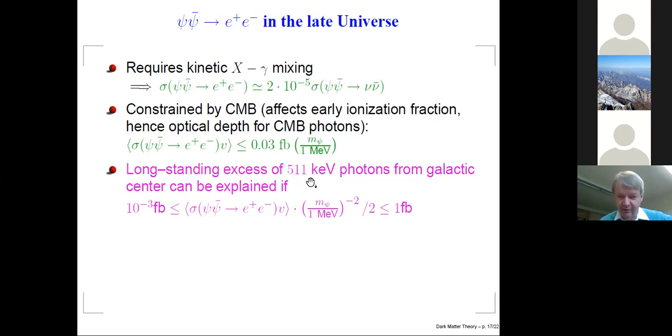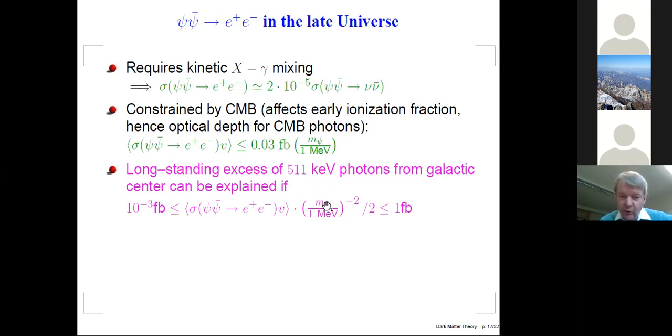Okay, that's what these 511 keV photons obviously are from: annihilation of positronium, more or less at rest. Okay, and in that case, for that source, it is really only the number of positrons that matters. Therefore, you have this m squared scaling.